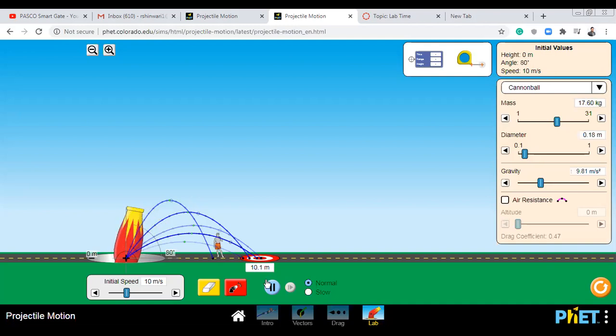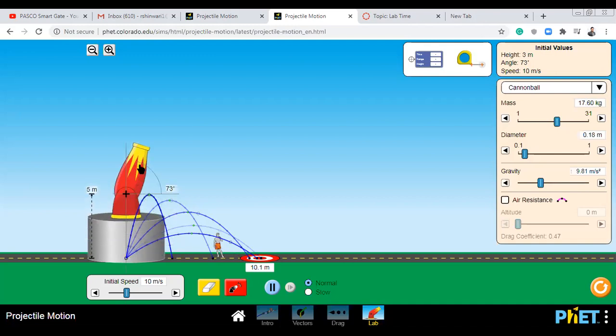Okay, 80 degrees. When you give height, like you have an angle and you give some height, the range also depends upon the initial velocity.